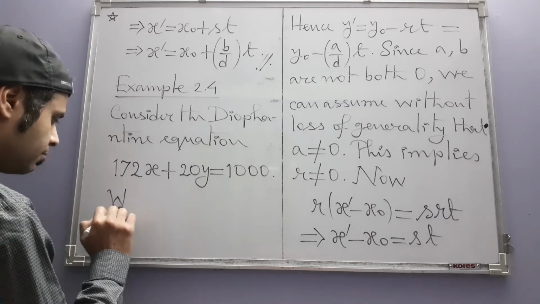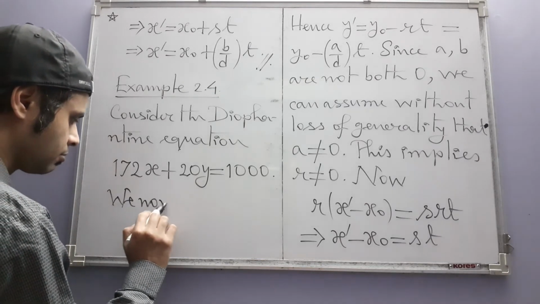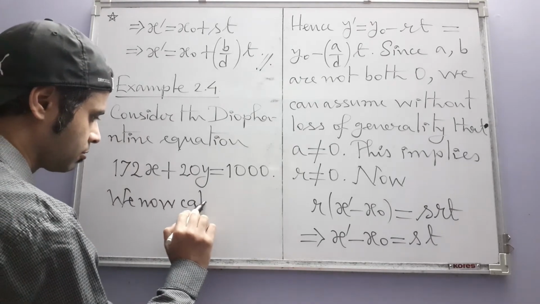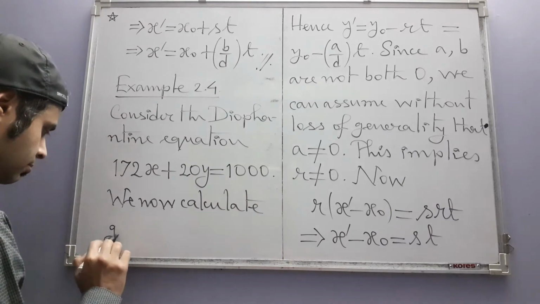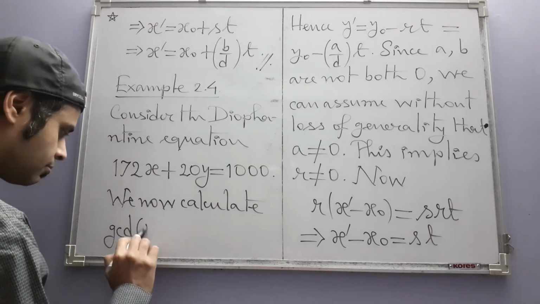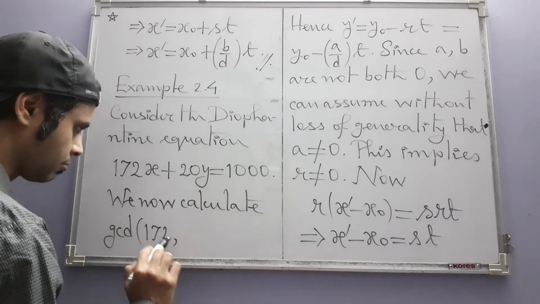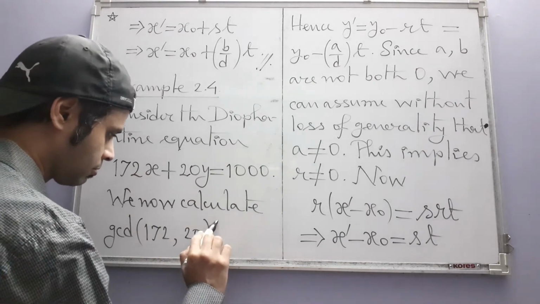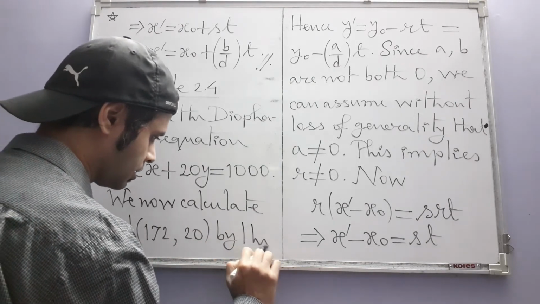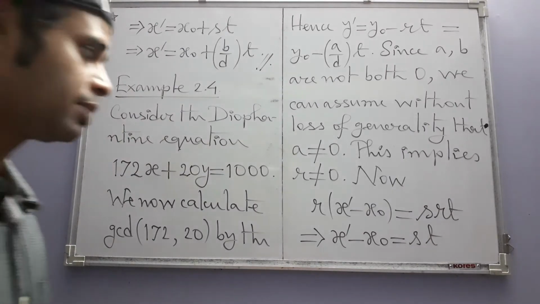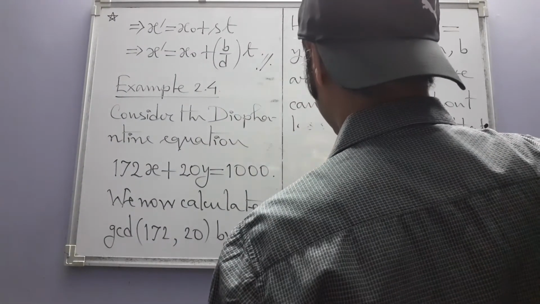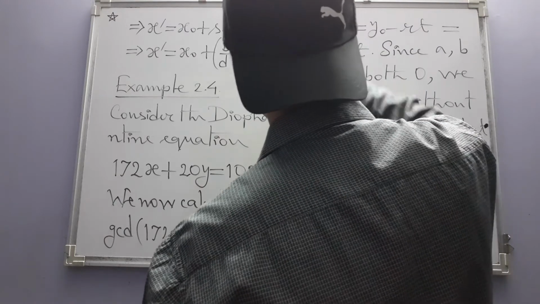We now calculate this by the Euclidean algorithm. Why Euclidean algorithm? Why not by any other means?